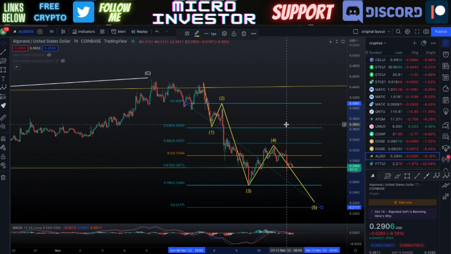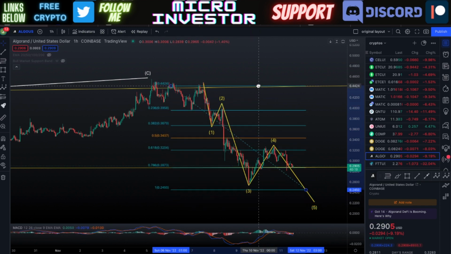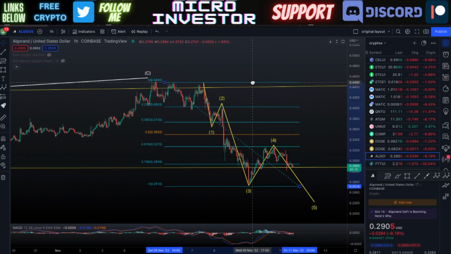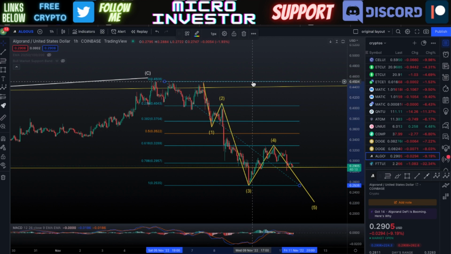And so that's what I'm going to stick with. I think that we're possibly going to be seeing Algorand come down to around the price of 22 cents, with one more move to the downside that we're currently possibly within right now, and that could easily be how things will be playing out, in my opinion.